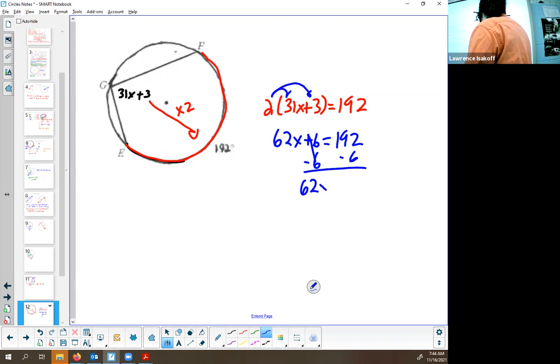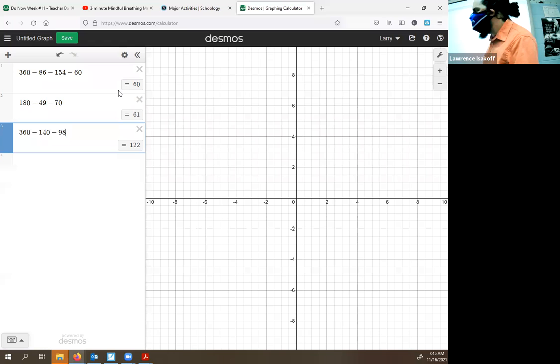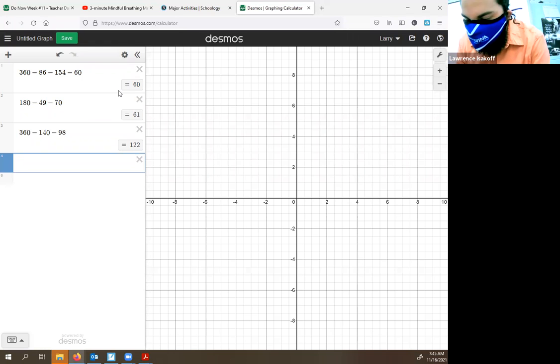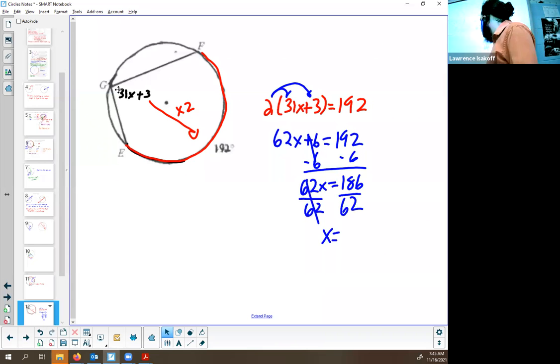And we get 62x is equal to 186. Now let's divide by 62. My gut's telling me this is x equals 3. Well, hey, we got a calculator. Let's confirm it. 186 divided by 62. And yep, that is x equals 3.